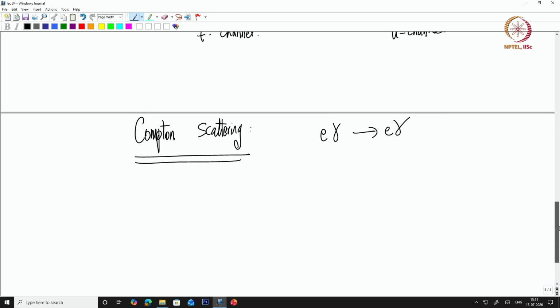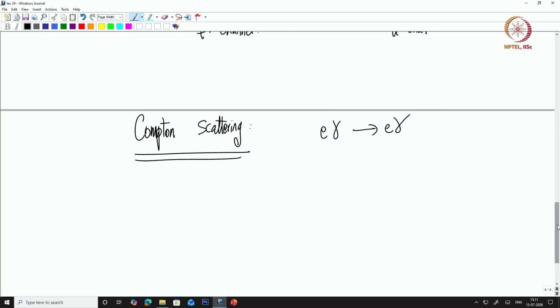This is a very interesting result, which also has a non-relativistic limit and various things, which is well studied already in quantum mechanics also. So, let us first draw the diagrams.